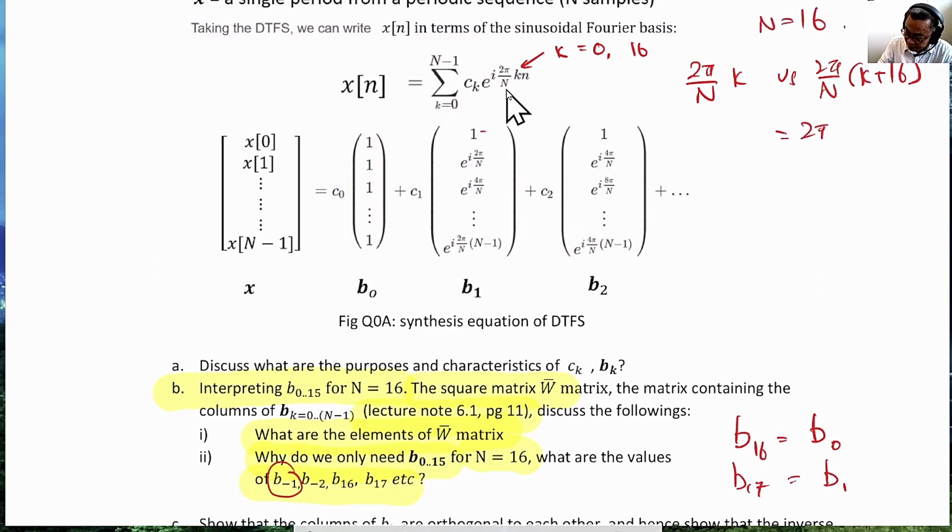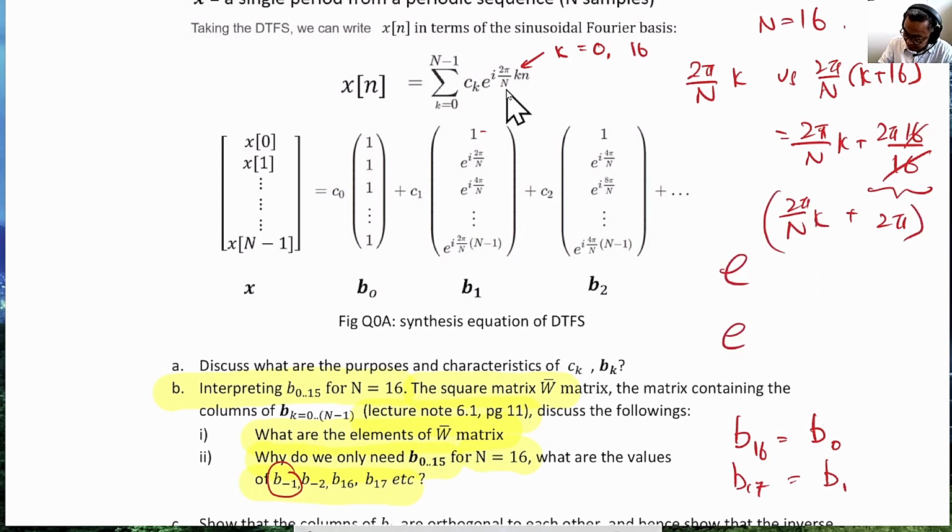This is 2 pi over n k plus 2 pi times 16 over 16. What is this? Plus 2 pi. Since we are taking the exponential of this value, the plus becomes a product. Exponential of 2 pi, what is this?